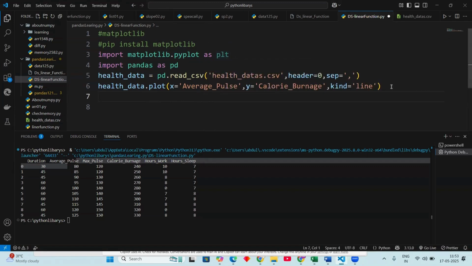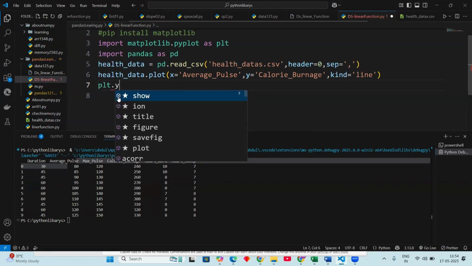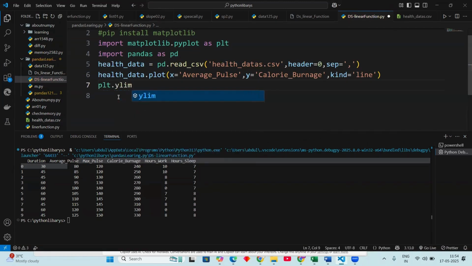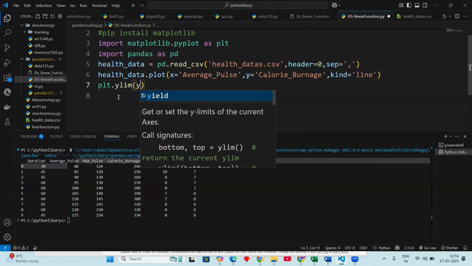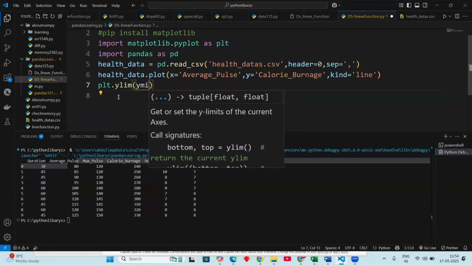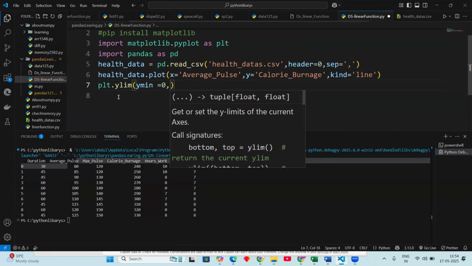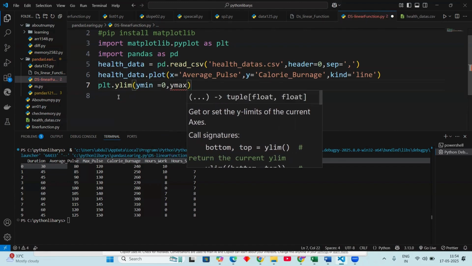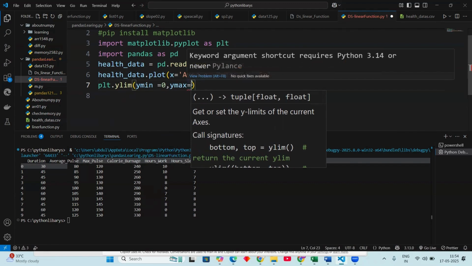Now we have to give the axis limits for plt. Assign plt.ylim, which is for the y axis. We start the values from min equal to 0, and y max from the highest value, about 330, so I take 400.